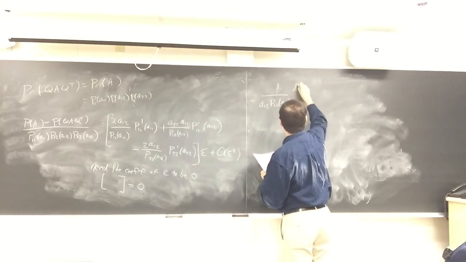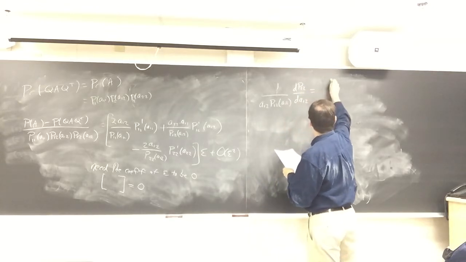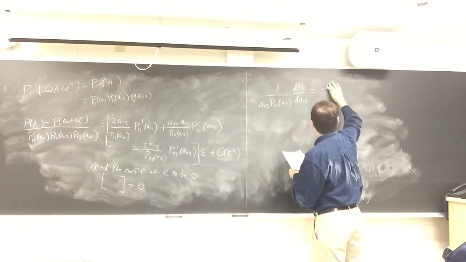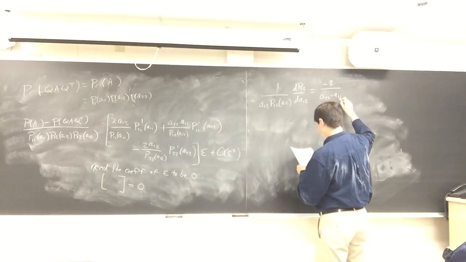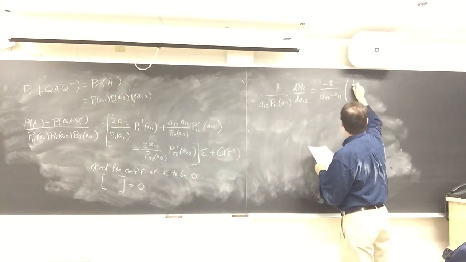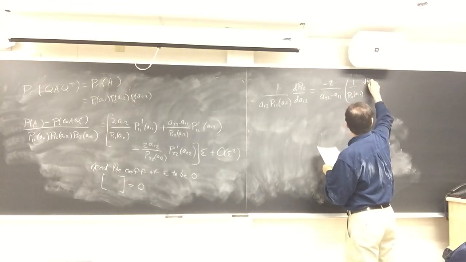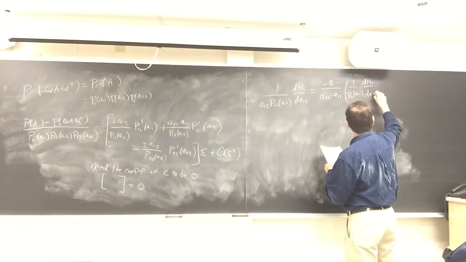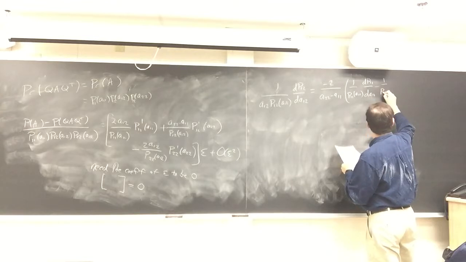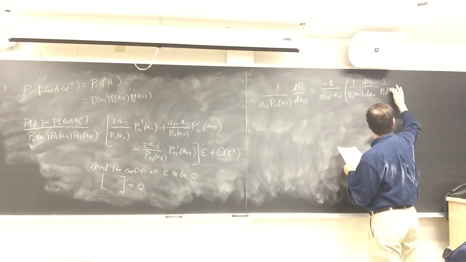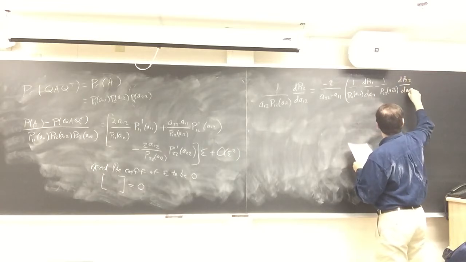Then I'll write it as dP12 dA12 equals 1 over negative 2 over A22 minus A11, 1 over P11 A11 dP11 dA11 minus 1 over P22 A22 dP22 dA22.